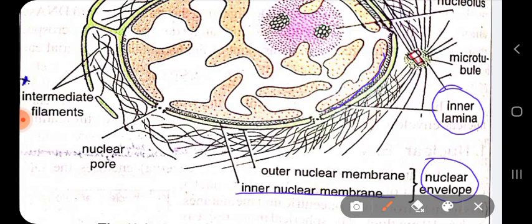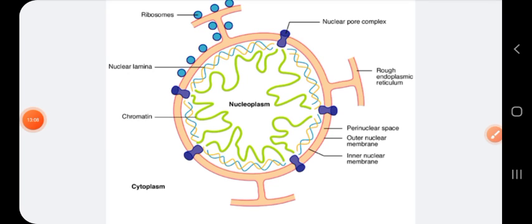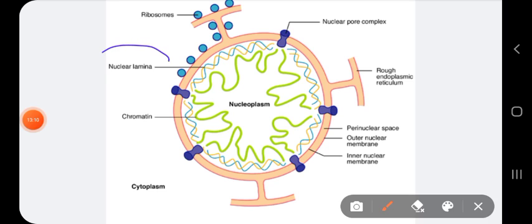I will show the diagram more easily, the diagrammatic view that has been given in your notes. I am showing you. Wait. So here you can see the nuclear lamina, which is internally lined by a protein filament meshwork, and it is organized in a net-like fashion.